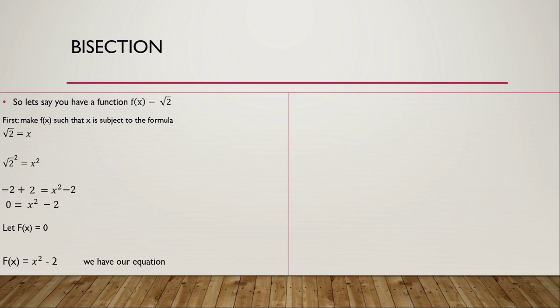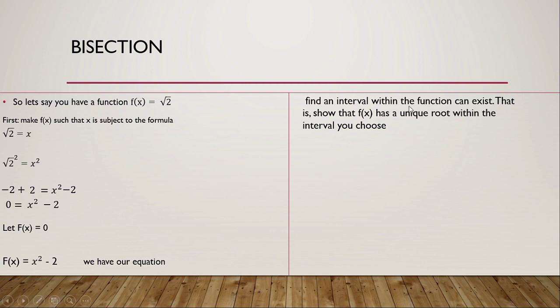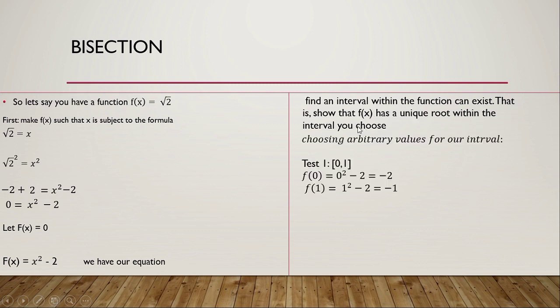Okay, great. So now that we have our equation, next we have to find arbitrary values within the function to be able to find our interval. So that is, we show that f of x has a unique root within the interval you have chosen. Great. So now we choose our arbitrary values for our interval. Let's just say we have test 1.